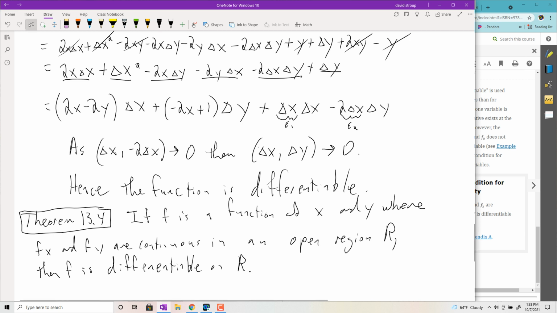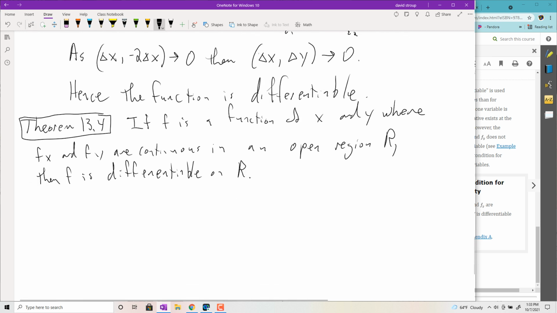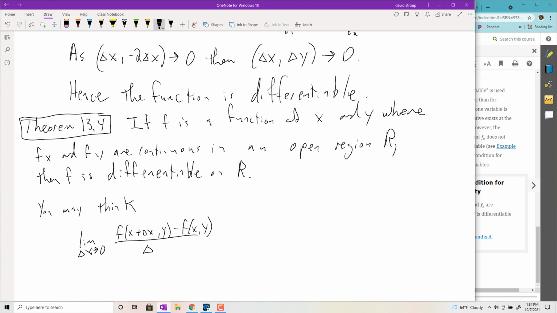Okay. So the point being that it's not enough just to presume. You may think from your work in Calculus 1 that because this guy, the partial derivative in the change of x, and this other guy, the partial derivative in the change of y, you may think that just because those limits exist that the thing is differentiable, but that's not true. Okay, that's what they're trying to hammer into your head right here.